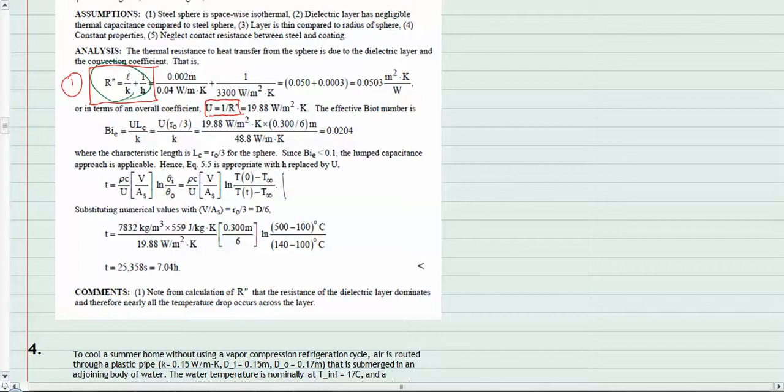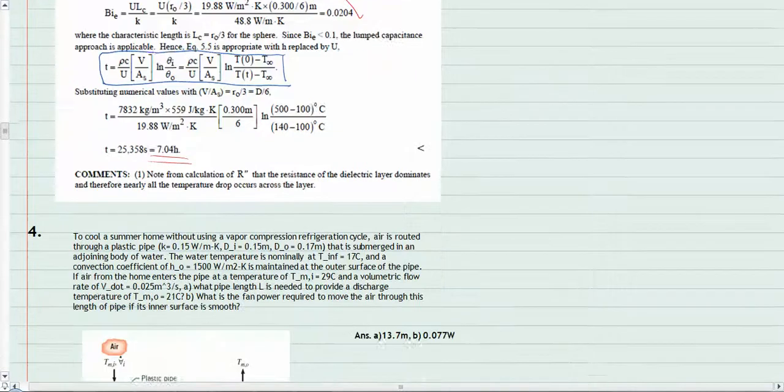This relationship in blue, I do not expect you to memorize, and I would provide that for transient conduction lumped capacitance analysis. Once you get through a confirmation of the Biot number and you've calculated the overall U, it's relatively plug and chug to get the final answer of time.